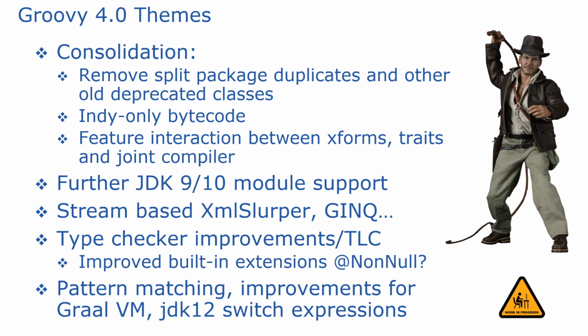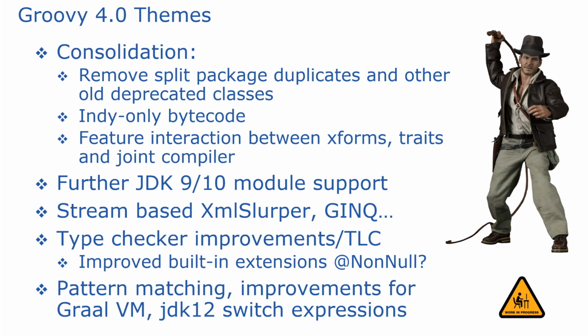There's some feature interaction that occurs between transforms themselves, between transforms and traits, and between transforms and the joint compiler. We're not saying we're going to have that completely solved, but we've got some known steps that we can take that'll allow us to progress quite a bit of that. We've got some plans in place to progress that forward, so that'll be a really nice bit of functionality to round out how all of that works together.